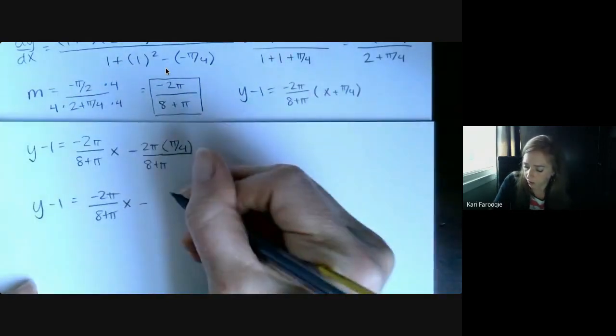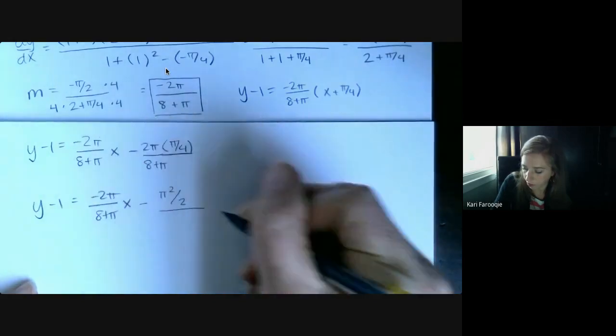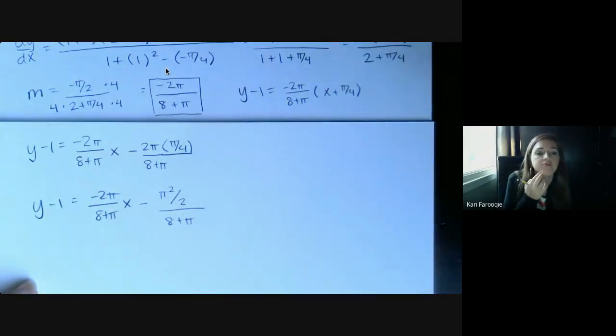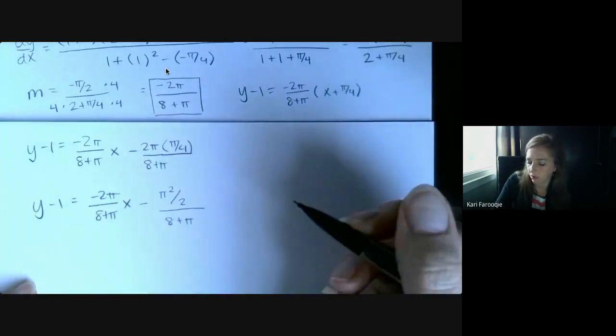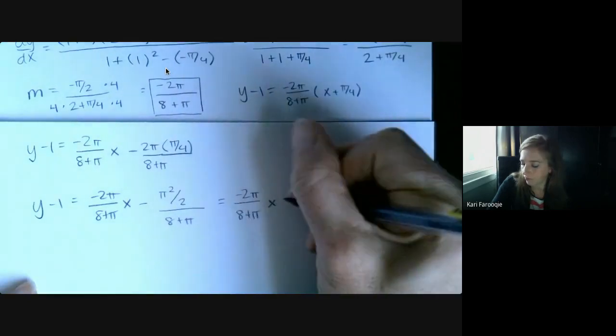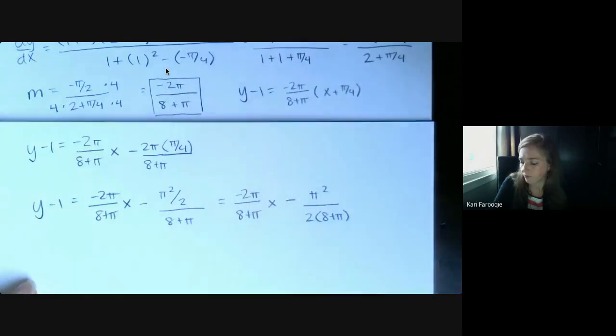So we have minus pi squared over 2 divided by 8 plus pi. And this is another instance where I'm going to pop that 2 down into the denominator. Pi squared divided by twice 8 plus pi. And then just add 1 on both sides. You don't have to get super crazy with it.